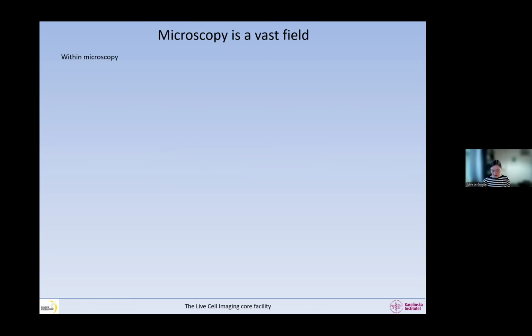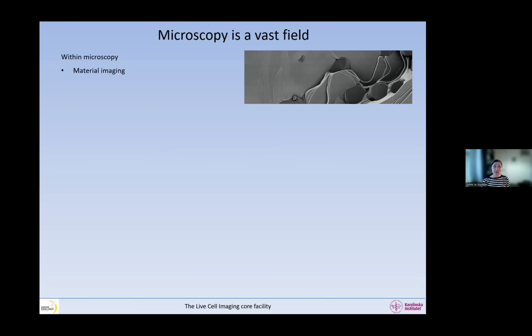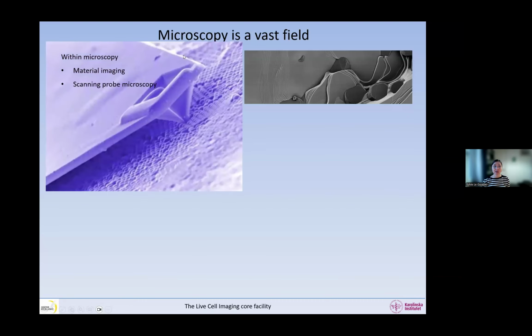Microscopy is a very vast field. Material imaging is not something we are dealing with here, but it's actually a very big field. This is where most of the money of the field is. For example, computer chips are quality controlled with material imaging.